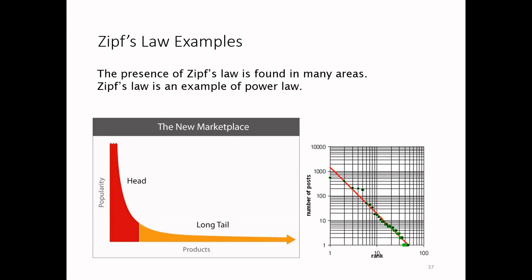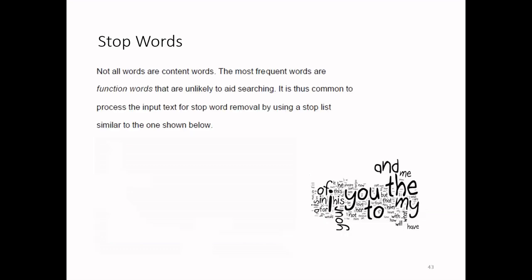As we saw, the words that are most frequently present are of no use. Those words are what we call stop words. They are not content words. They are designated as stop words, and we basically want to filter them out when we build the document representation.